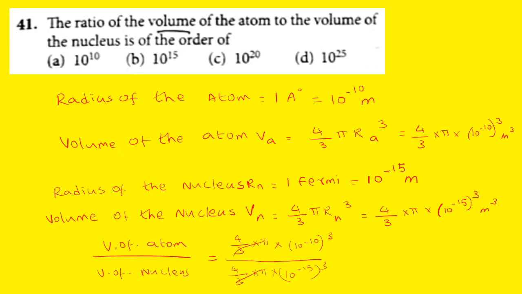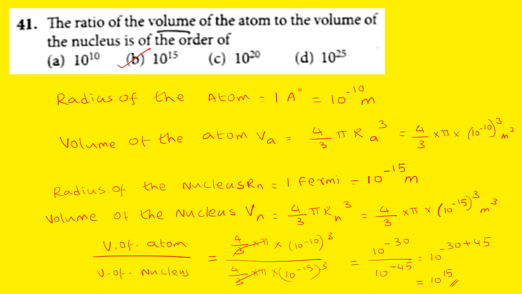So this and this will get cancelled, and 10 to the power of minus 10 power 3 is minus 30, and this is minus 45. So then take minus 45 up, so it will become plus 45. So the answer is 10 to the power plus 15.